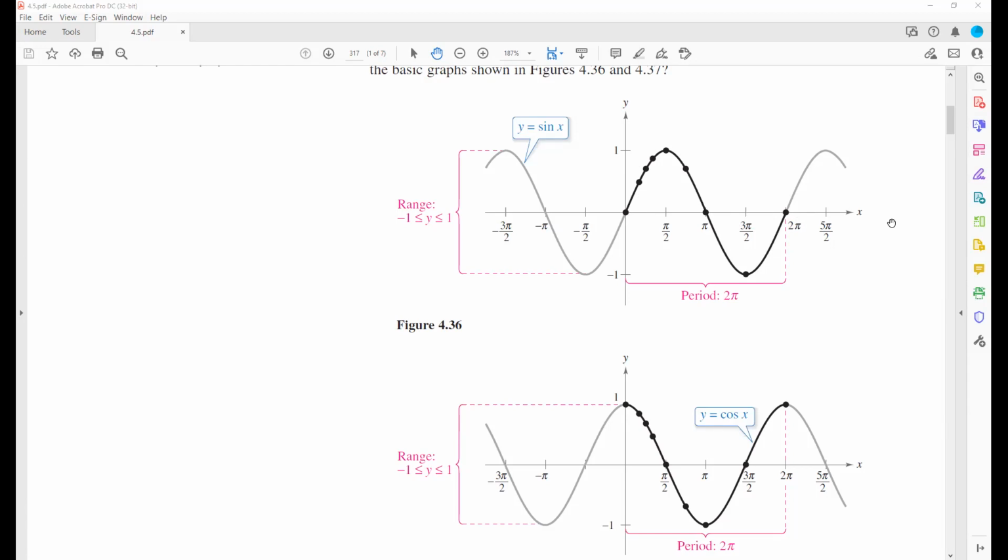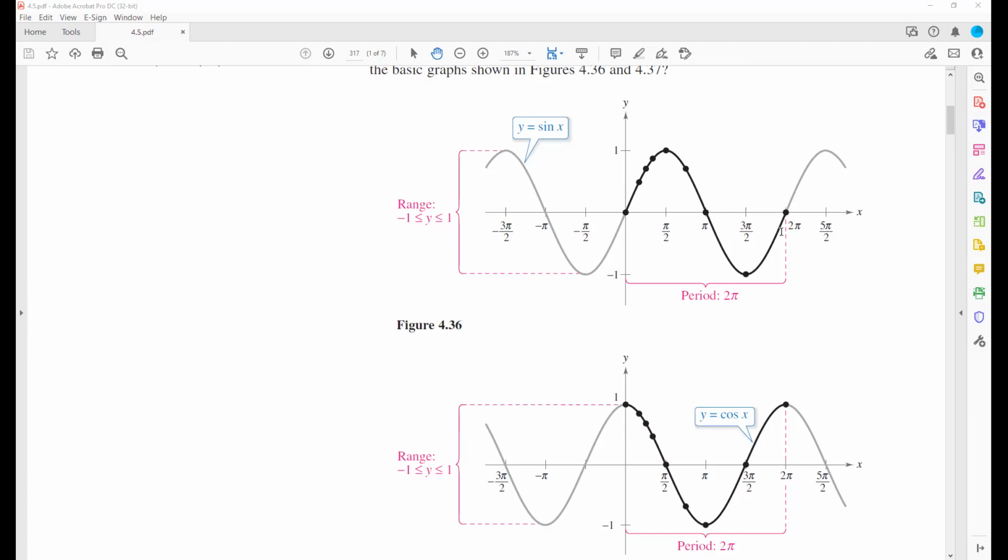The graph stops and starts the same behavior after 4 pi. 4 pi to 6 pi, 6 pi to 8 pi, and so on. Well, you're going to see the exact same behavior on the left-hand side as well. Negative 2 pi to 0, your graph is going to have the exact same shape.